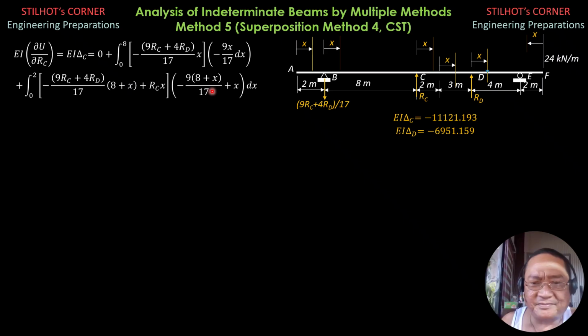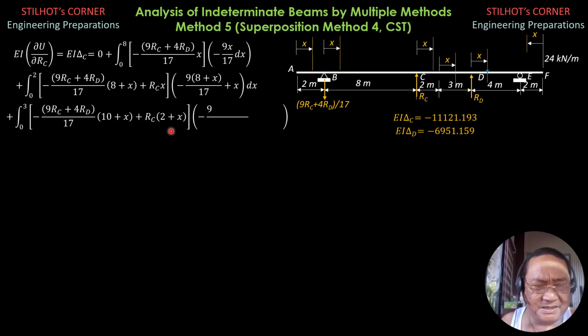Then we proceed to the next section, the integral from 0 to 3 of quantity negative 9RC plus 4RD over 17 times 10 plus x, then plus RC times 2 plus x. The partial derivative with respect to RC is negative 9 times 10 plus x over 17, then plus 2 plus x, dx.